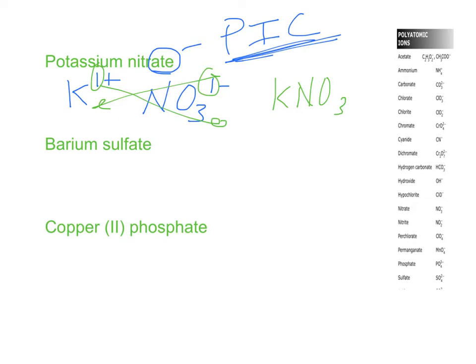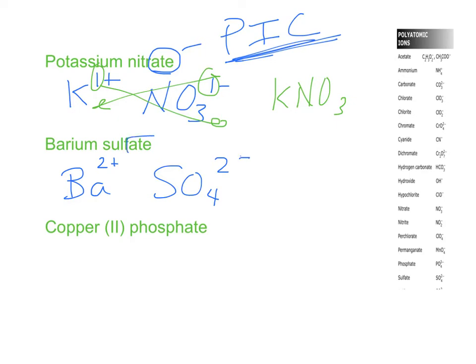Now, if I look at something like barium sulfate, barium is Ba, group 2, so it's a 2+. Sulfate, let's look over here. I see my sulfate. Sulfate is SO4 2-. And again, how did I know to look there?